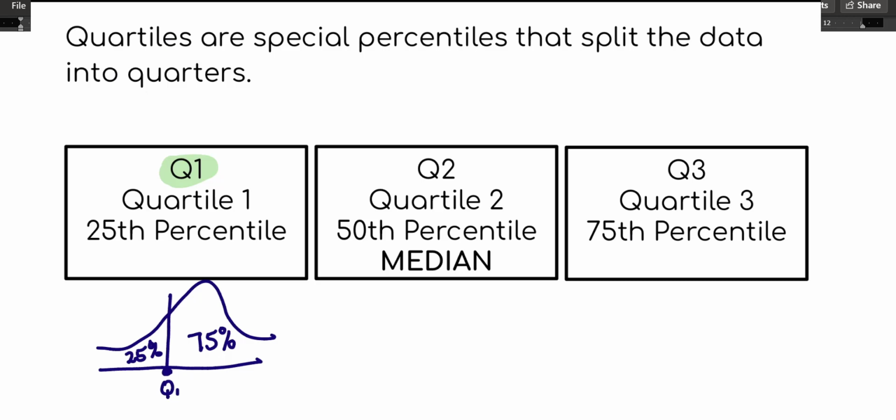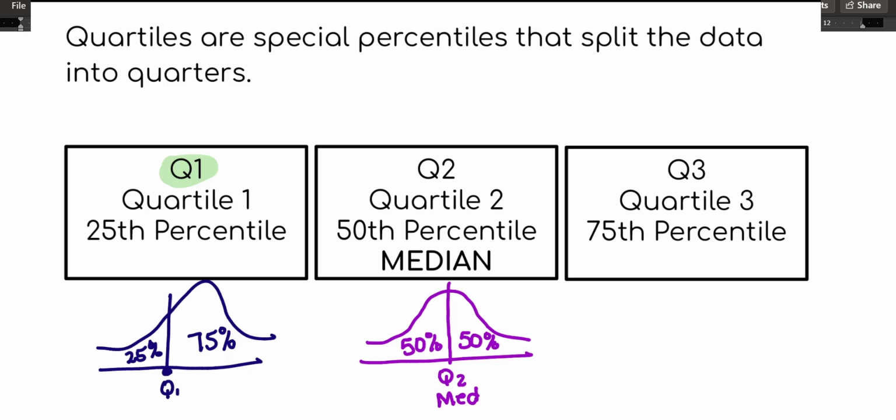So we call quartile 1 Q1 for short. We also have Q2, which is quartile 2, which is the 50th percentile. Q2 is also the median, and it separates the lower 50% from the upper 50%, so half and half.